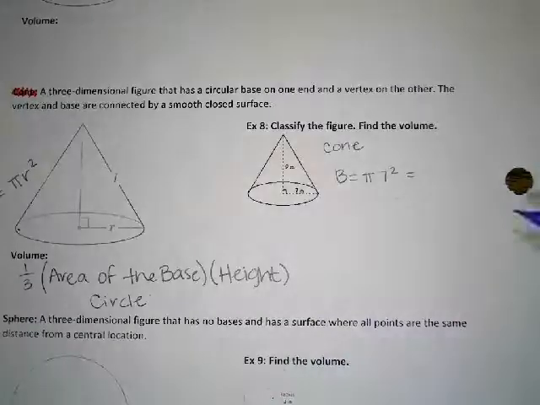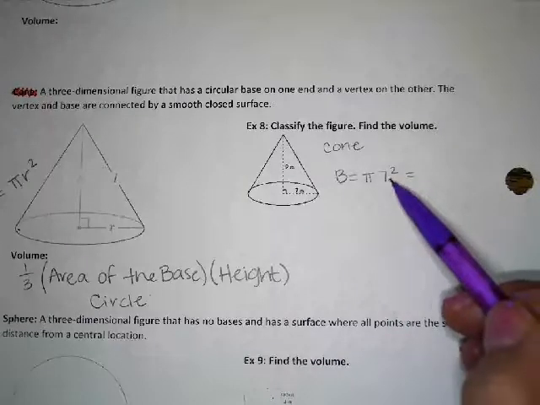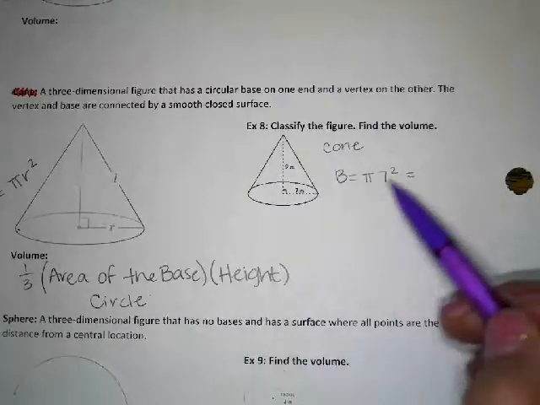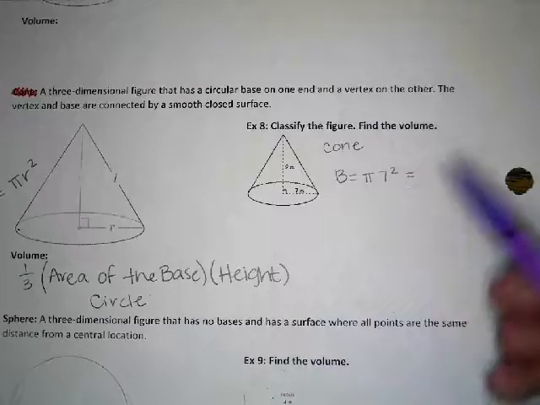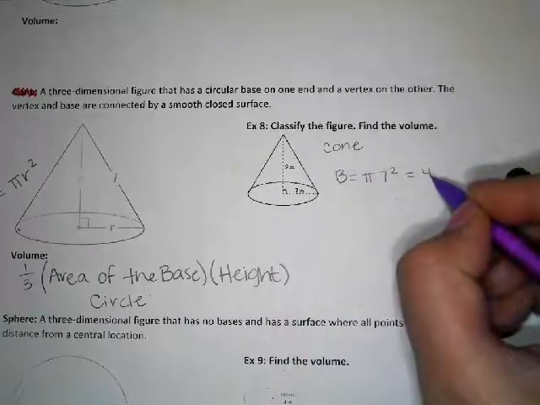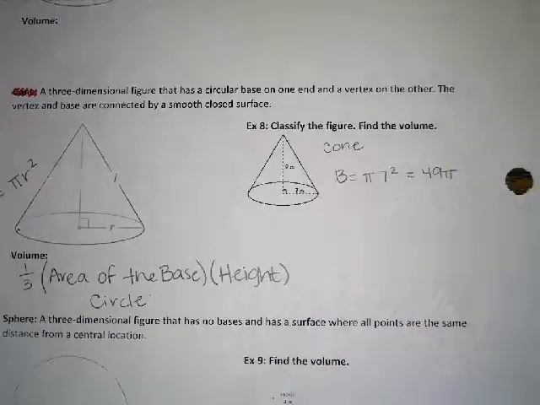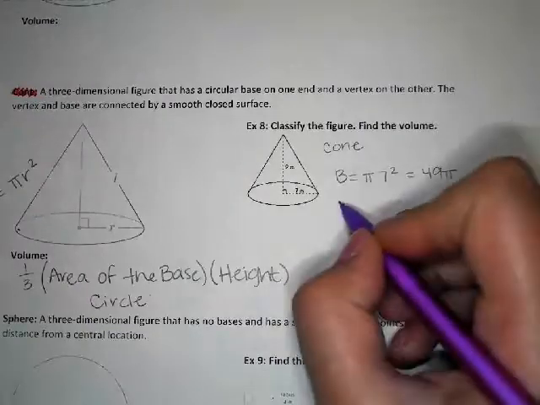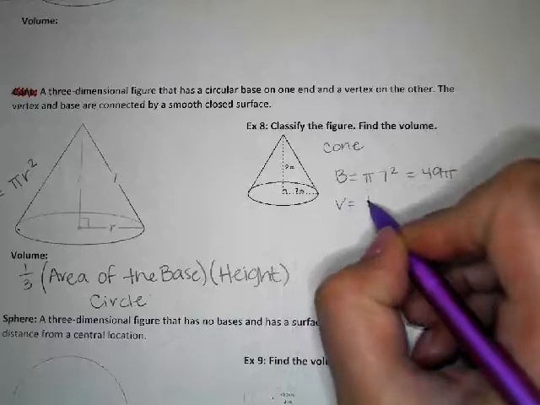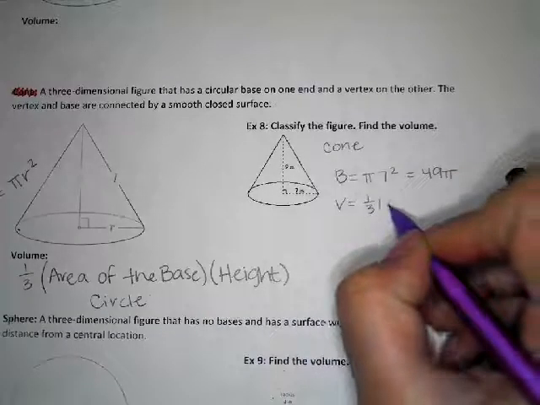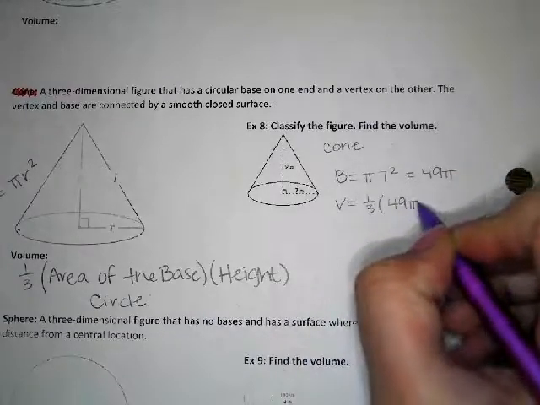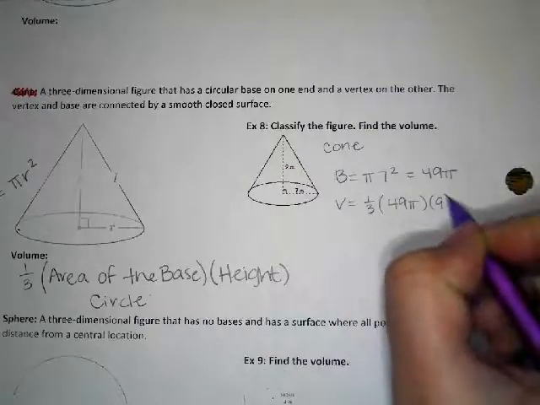And because I like to round at the end of the problem, not in the middle of the problem, I'm going to write this answer in terms of pi. So 7 squared is 49, and I'm just going to call this base 49 pi. I'm not going to write the decimal yet. And then to find the volume, I'm going to do 1/3 times the area of the base times the height.